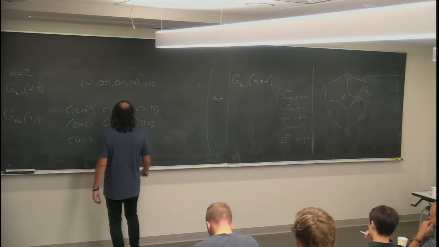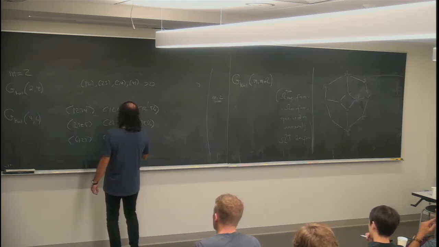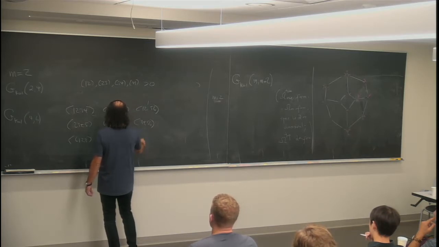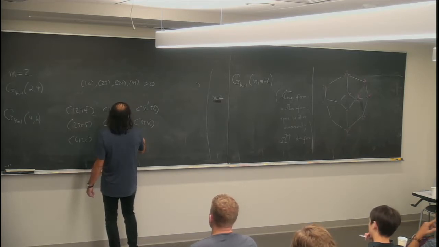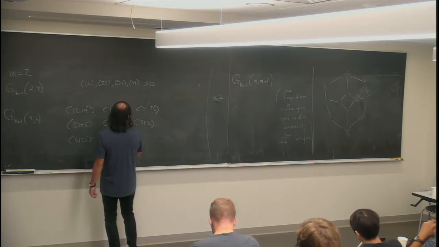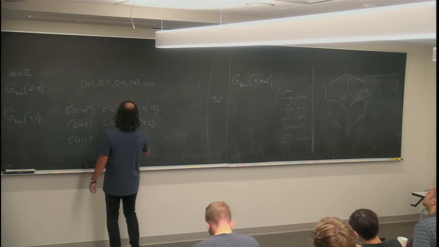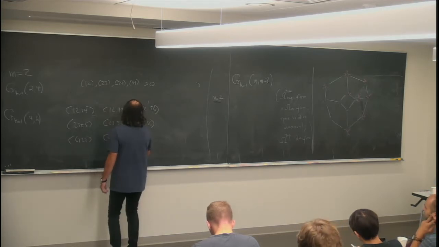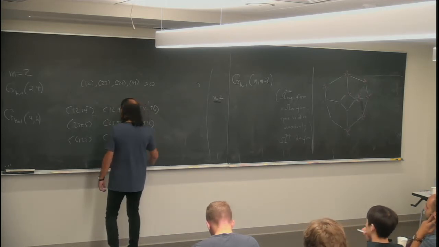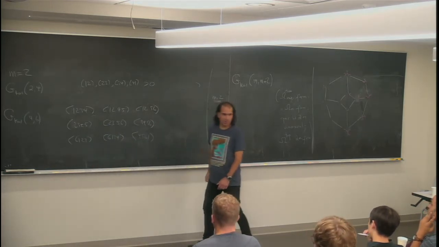What's my last one? Oh, I don't know, 4, 5, 6, 1. That's what I missed. Good, all right. So I have to say that all these guys are positive.